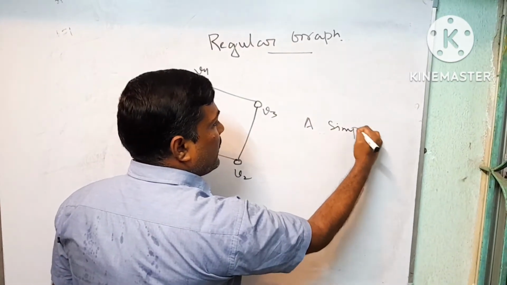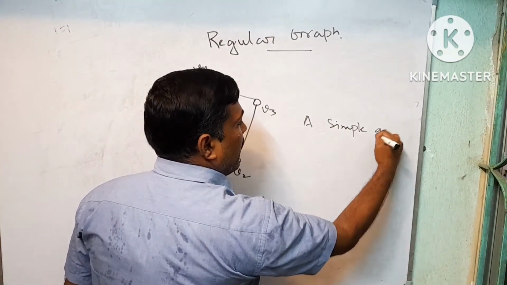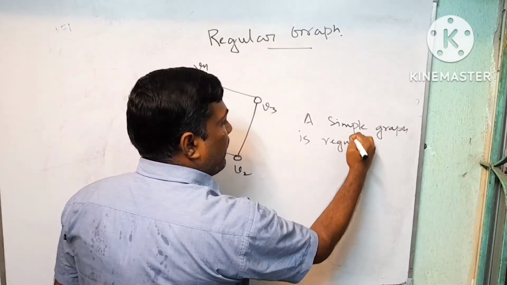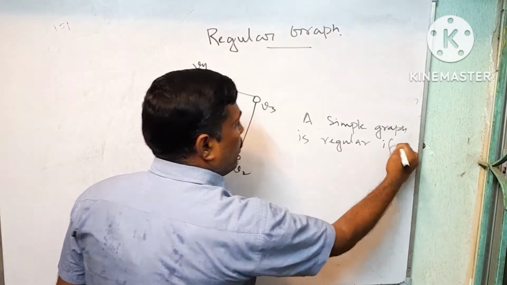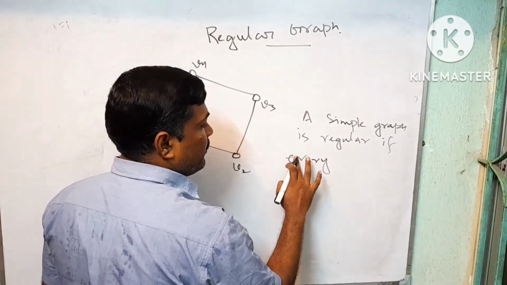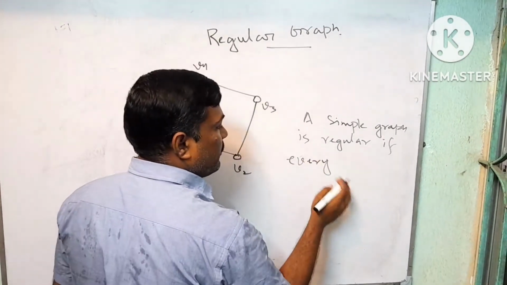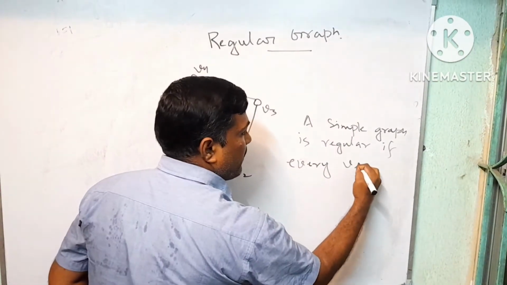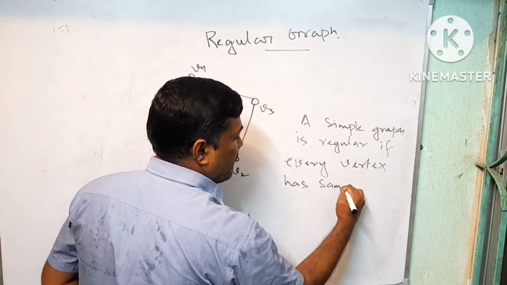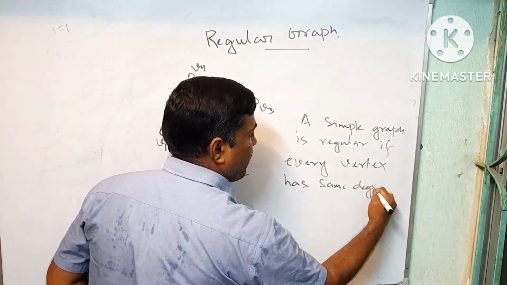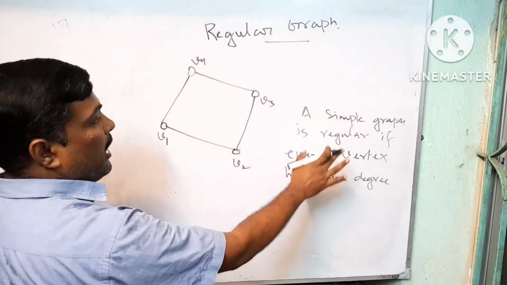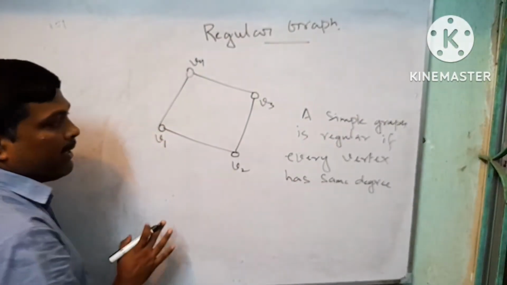A simple graph is regular if every vertex has the same degree.